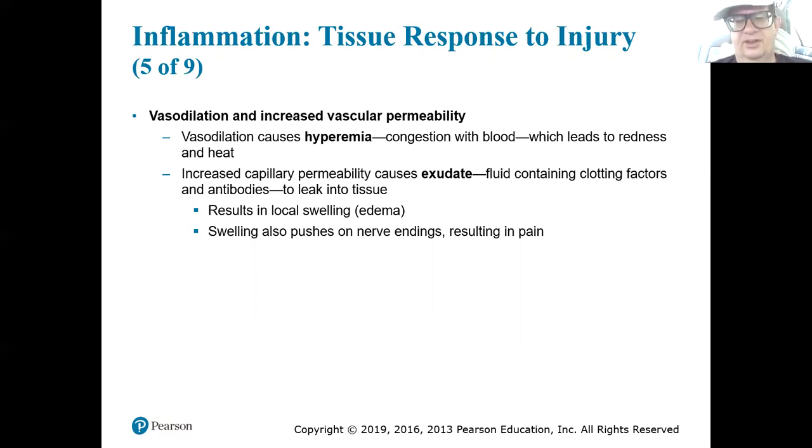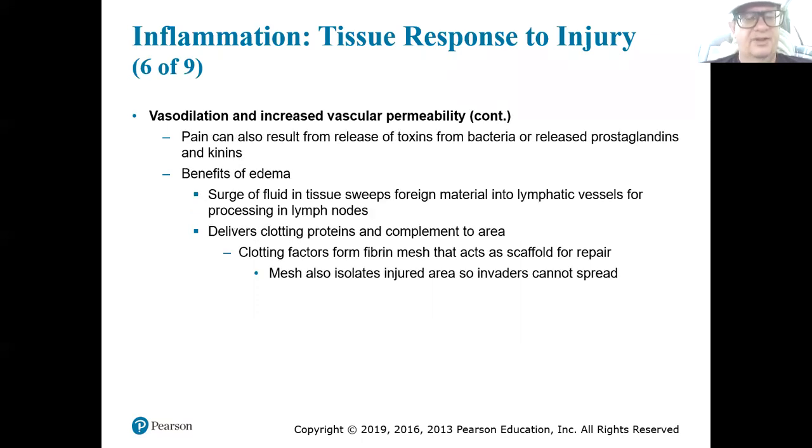Well, that's good because that fluid is full of clotting factors, full of antibodies, and it leaks into that extracellular fluid, that interstitial fluid, where you can do things with those chemicals, can do things to help. This can cause swelling or edema locally, and the swelling pushes on nerve endings, causing pain. All the stuff that we said before. Pain can also result from toxins released from the bacteria or the prostaglandins and kinins.